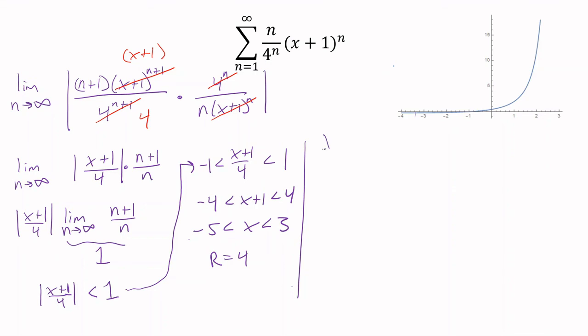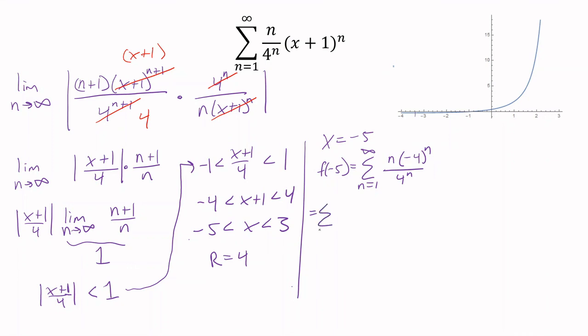So let's check x is equal to -5. I'm going to plug that in, and f of -5, assuming it exists, is this. I'm going to get n times, okay, what happens here is I plug -5 in, I get -4 to the n over 4 to the n.